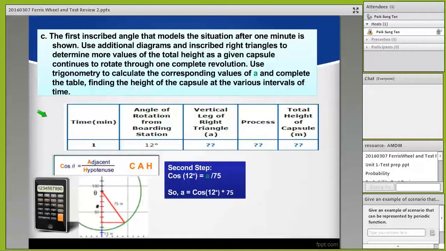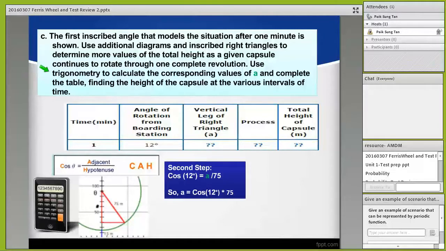Now, here I pulled a table out from the content. The first inscribed angle that models the situation after 1 minute is shown. Use additional diagrams and inscribe right triangles to determine more values of the total height as the given capsule continues to rotate through one complete revolution.